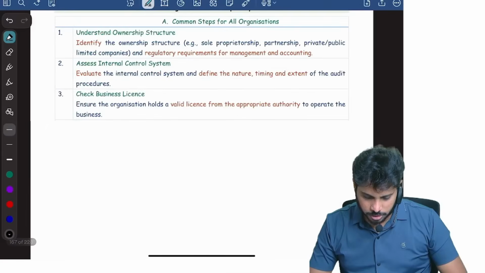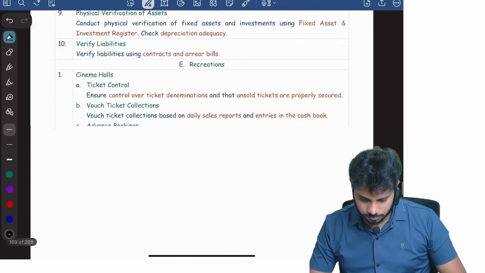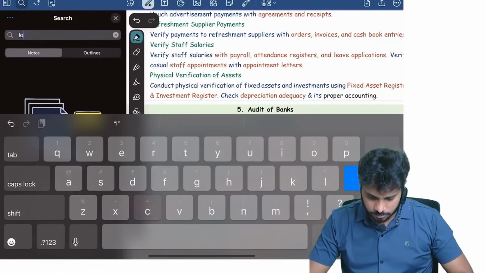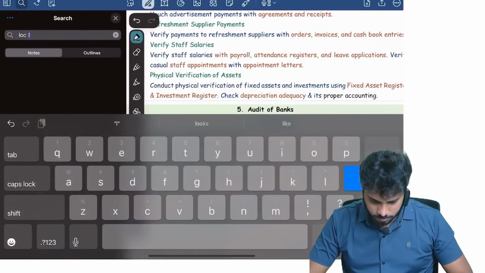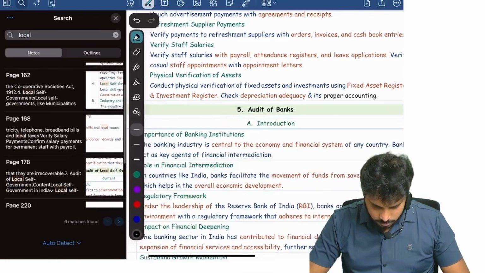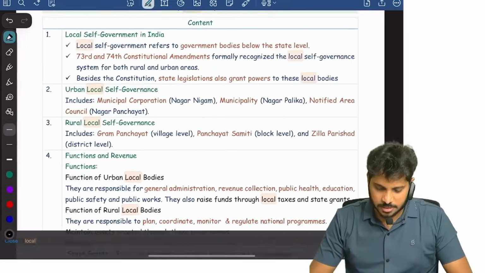Where is local authority? Yeah, local self-government.